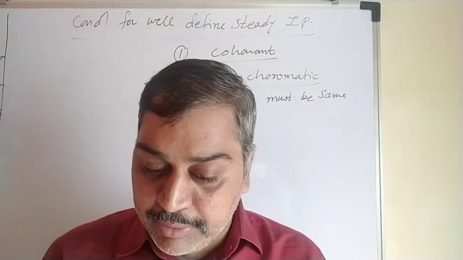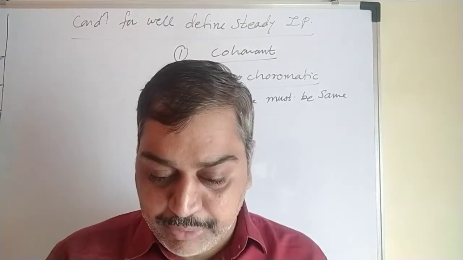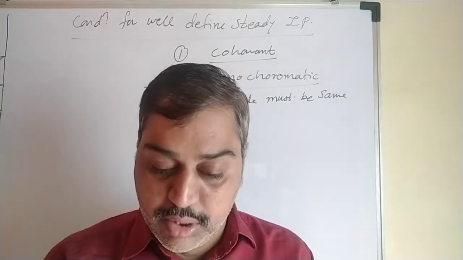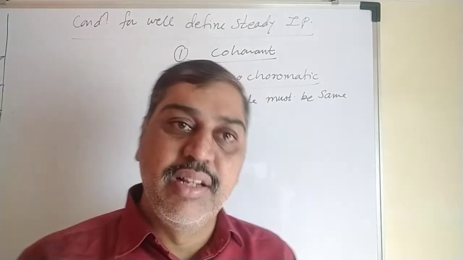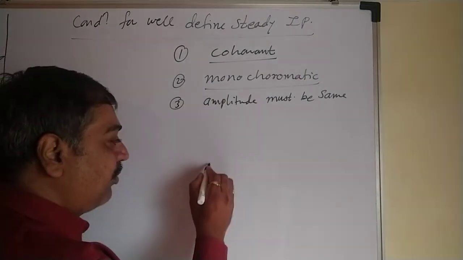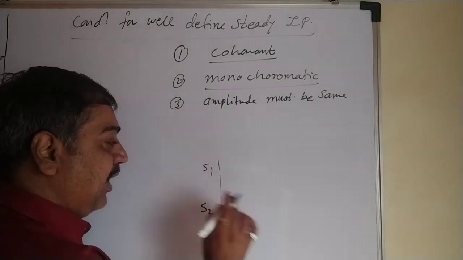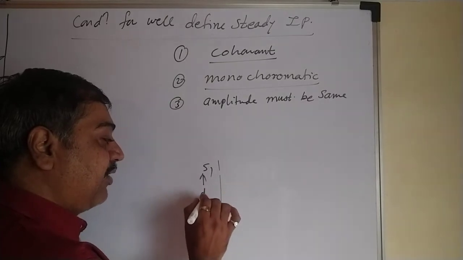Let's go to the next. The separation between the two slits must be small in comparison to the distance between the slits and the observing screen. If you remember, we have the sources S1 and S2, and the distance between them we have taken as small d.